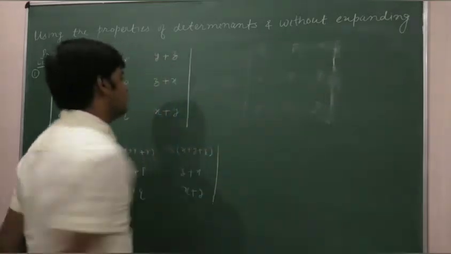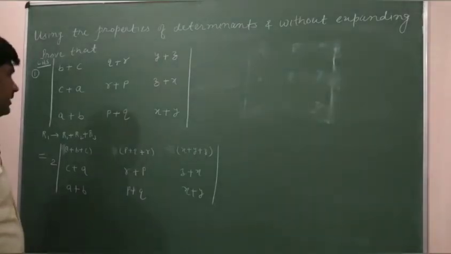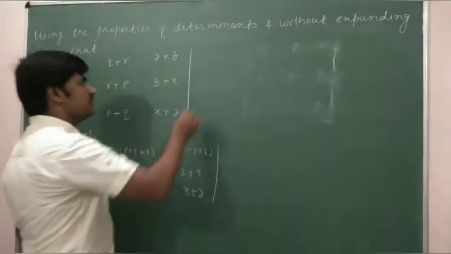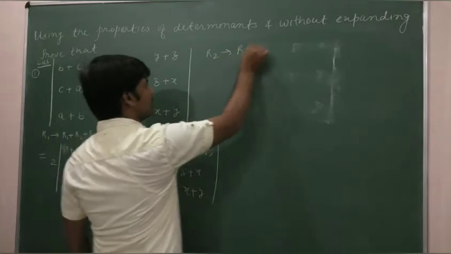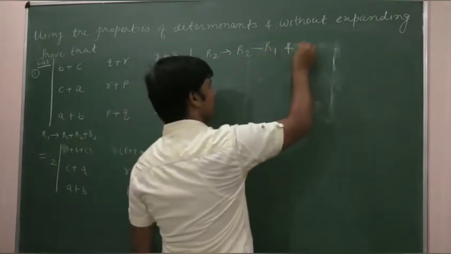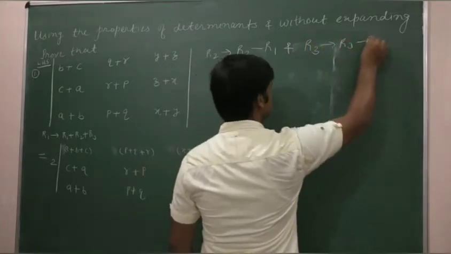So students, our next step now will be, the property that I am going to use now is R2 minus 1 times R1, and then after that I will be using R3 minus R1.